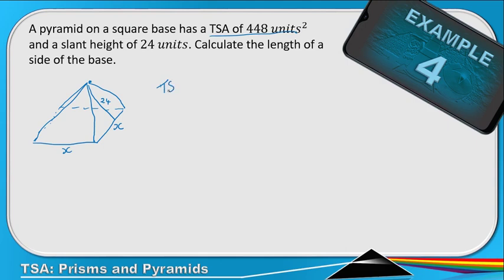Total surface area will be equal to, now we have 4 identical triangles, so 4 times the area of a triangle, half times base, in our case x, times the perpendicular height, which is 24, plus the base of the pyramid, which is x times x, or x squared.